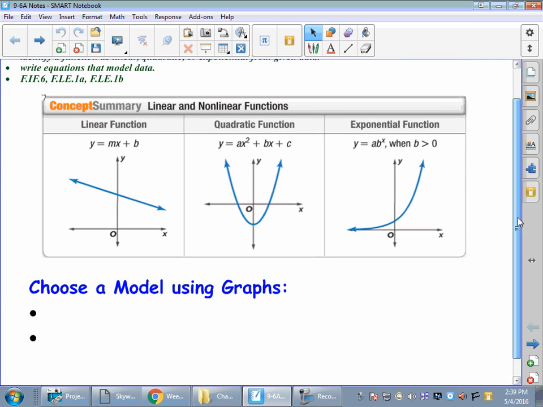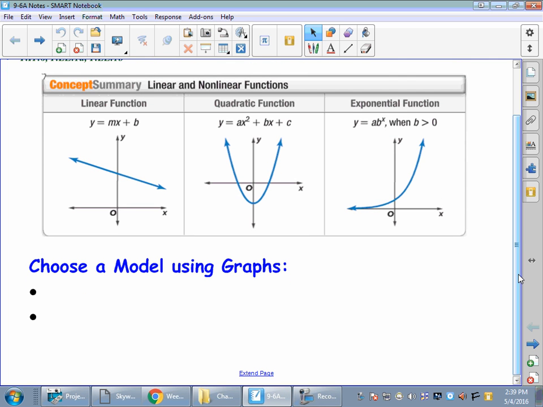So what's going to happen here is pretty much you've done everything with these things. If I gave you all of the equations, you knew how to make the table of values, and then you could graph it. But in reality, usually you have a table of values.